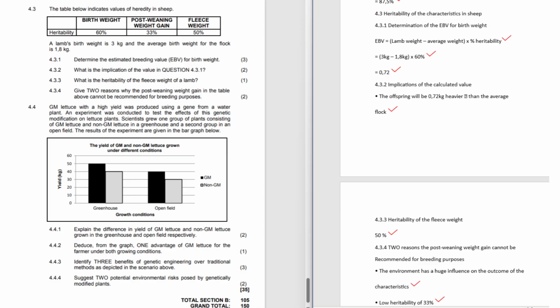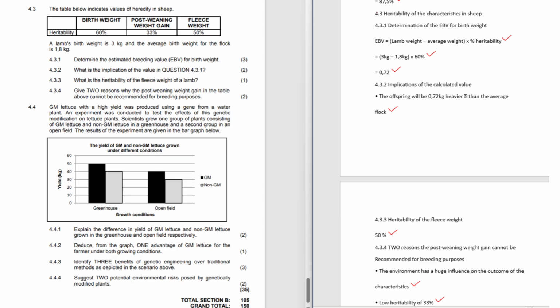So calculating the EBV for the birth weight, you have to get your lamb weight. What is our lamb weight? Our lamb birth weight is 3 kg. We take this 3 kg, then we take the lamb birth weight minus the average flock weight. Here our average flock weight is 1.8 kg.